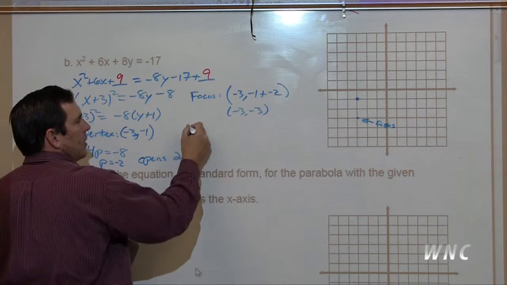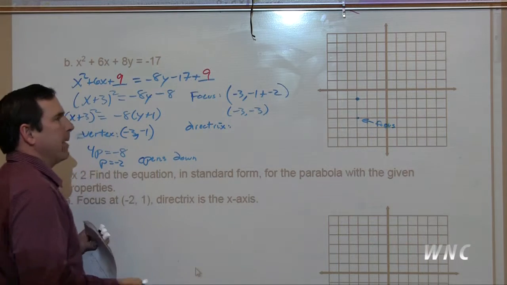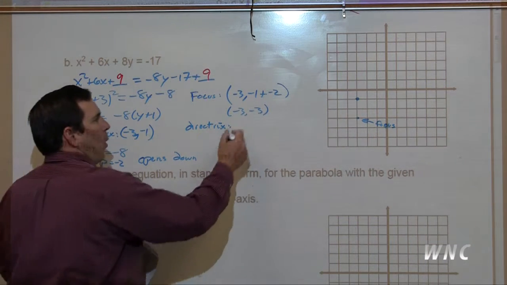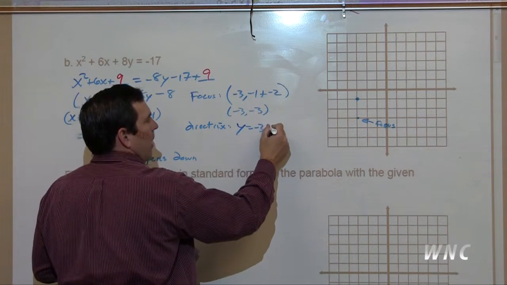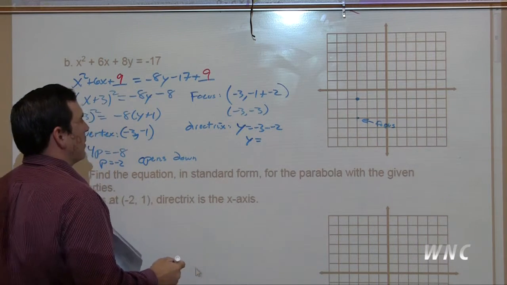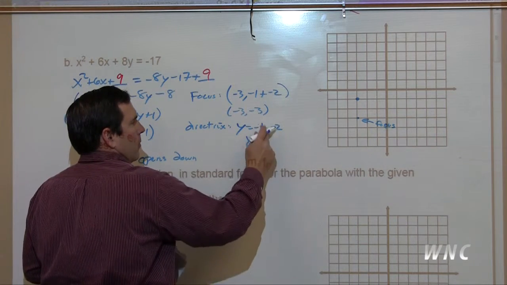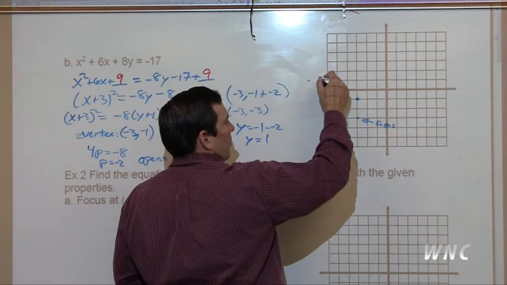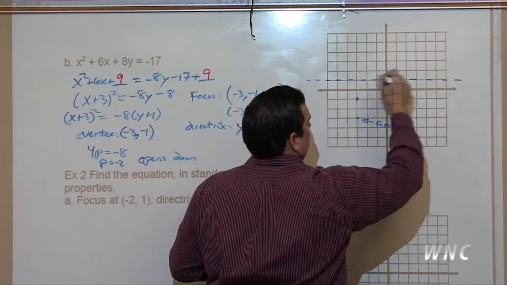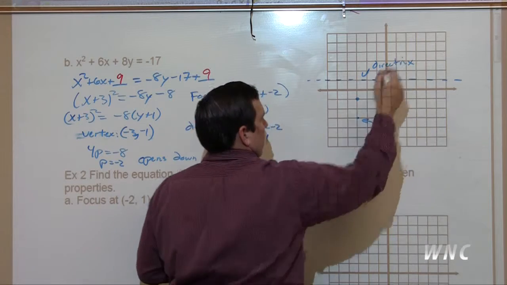And our directrix is going to be at y equals negative 1 minus negative 2, y equals 1. Okay.